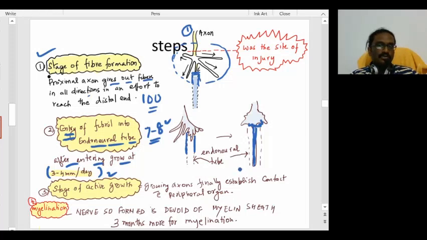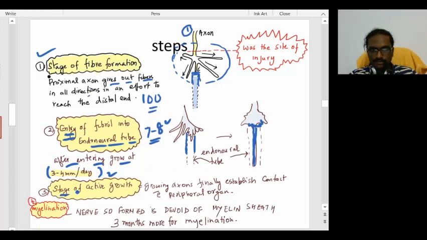There it's going to branch up into the axon terminals, the axon fibrils, and it is going to get inserted into either the neuromuscular junction, or axodendritic junction, or axonic junction, or even the axon cell body. So this is how it is going to occur.